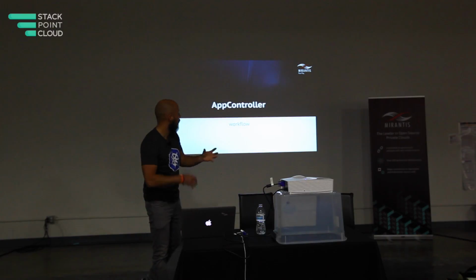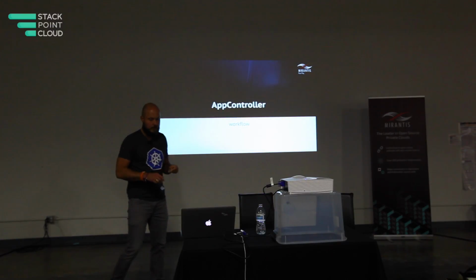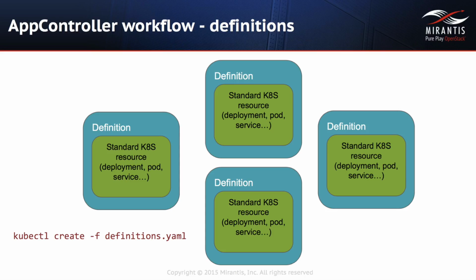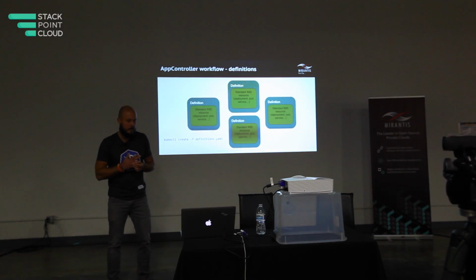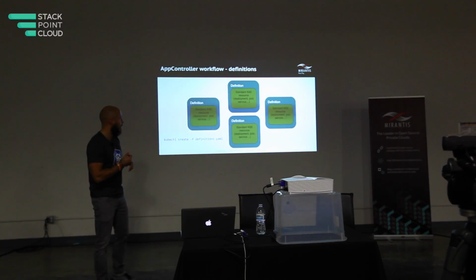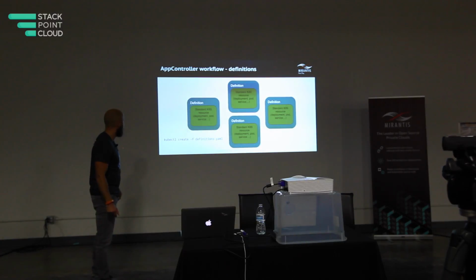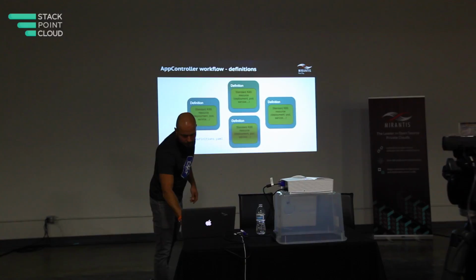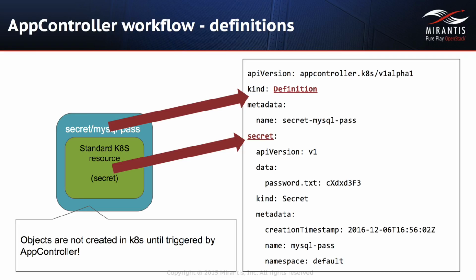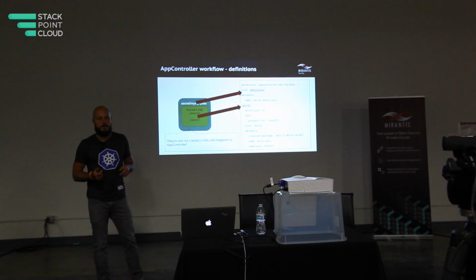So how do you model your application using AppController? I said a couple of minutes ago that the nodes of the graph are called definitions. First you need to create these definitions inside Kubernetes. What is a definition technically? A definition is basically a wrapper around a regular Kubernetes object.